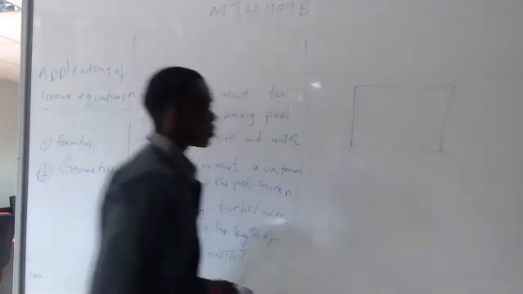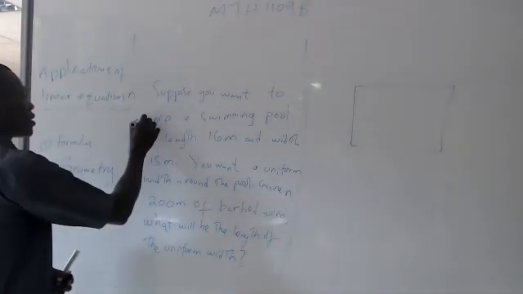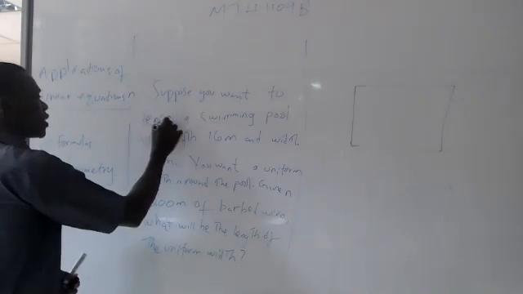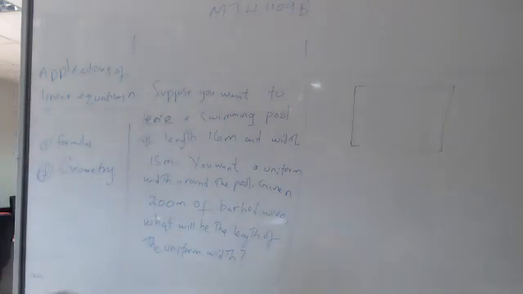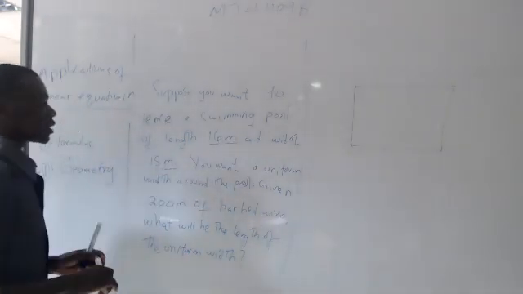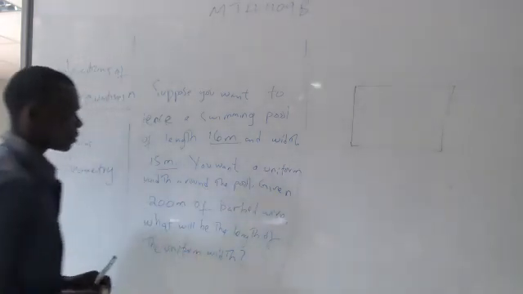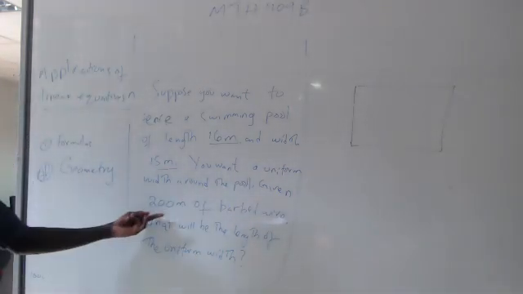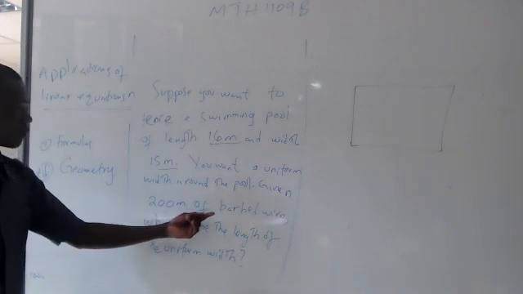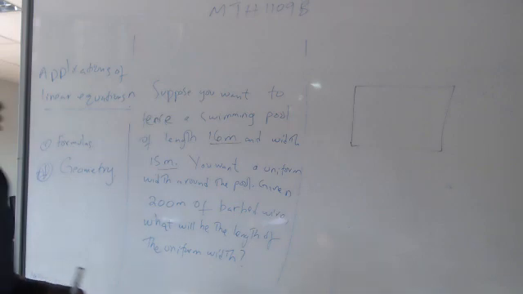You want to fence a swimming pool of length 16 meters and width 15 meters. In addition, you want a uniform width around the pool. Given that 200 meters of barbed wire is to be used, what will be the length of this uniform width?